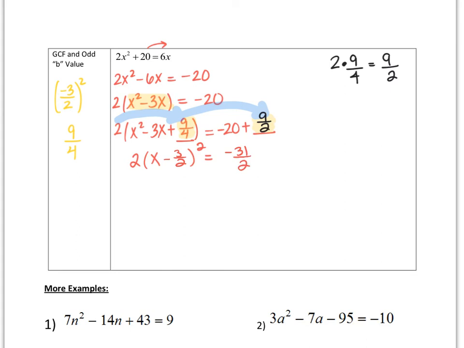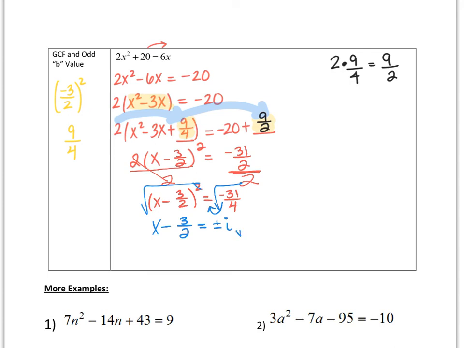And then our goal is going to be to solve for x, so we can go ahead and divide both sides by 2. So we get x minus 3/2 squared. And when you put negative 31/2 divided by 2 in the calculator, you get negative 31/4. And then remember, to get x by itself, we have to take the square root of both sides. So we'll have x minus 3/2 equals plus or minus, don't forget to pop out the i, the square root of 31/4.